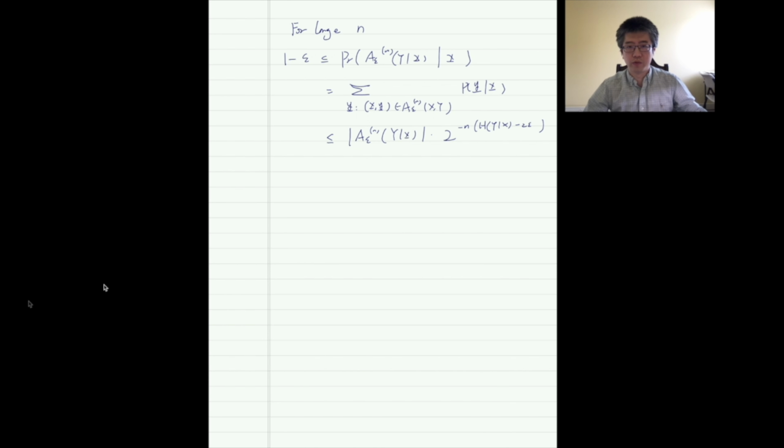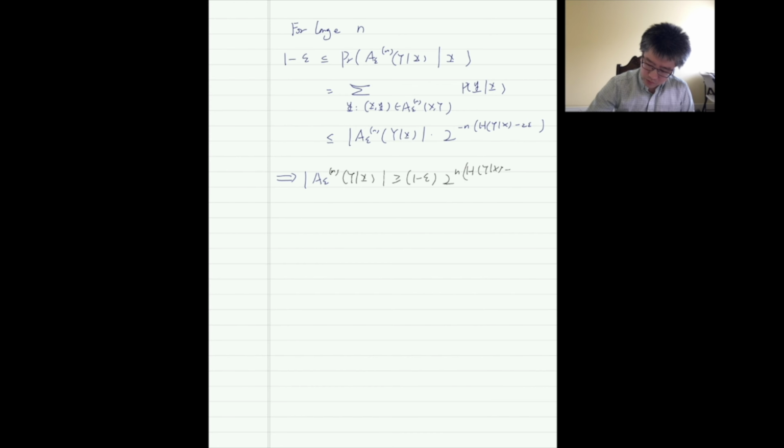Therefore we can move this to the other side and obtain that the cardinality of this is bigger than or equal to 1 minus epsilon times 2 to the n H(Y given X) minus 2 epsilon. Very good. So this is the jointly epsilon typical sequences, and with that, we're ready to show the achievability.